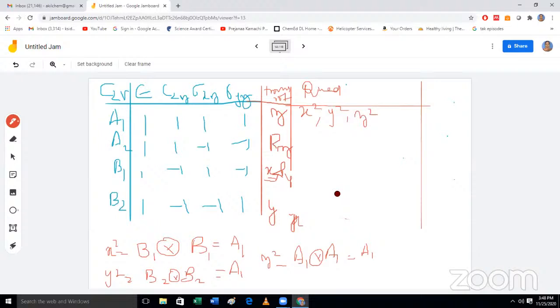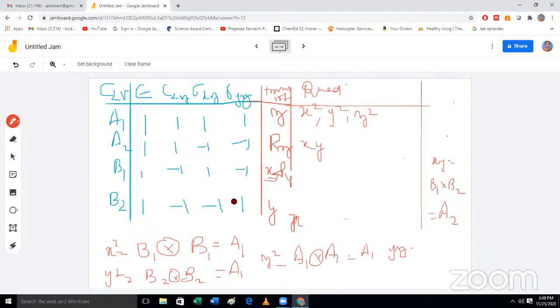Okay. Now we have to see XY, YZ and ZX. So XY is nothing but B1 direct product B2. So B B A, 1 2 2. So it is A2. So I should write XY here. Then YZ.